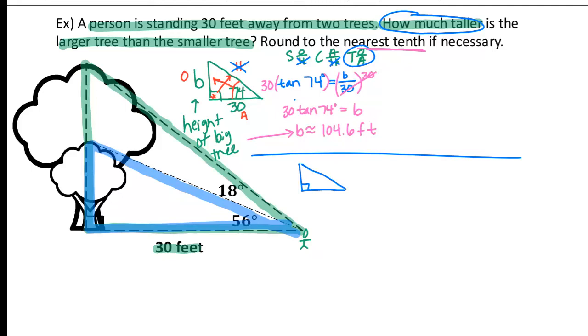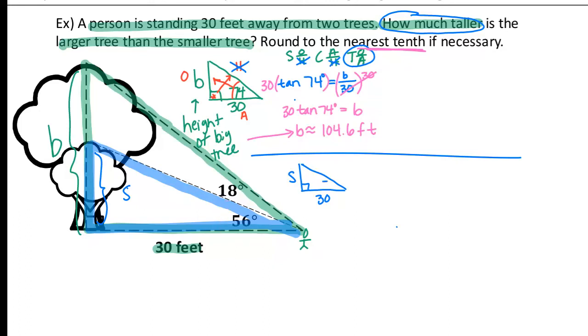I forgot to label. So this on the big triangle is B. So now for the smaller triangle, I'm going to use S for smaller triangle. Okay? So S right here. This is still 30. And then now what's the angle right here for the smaller triangle? 56.